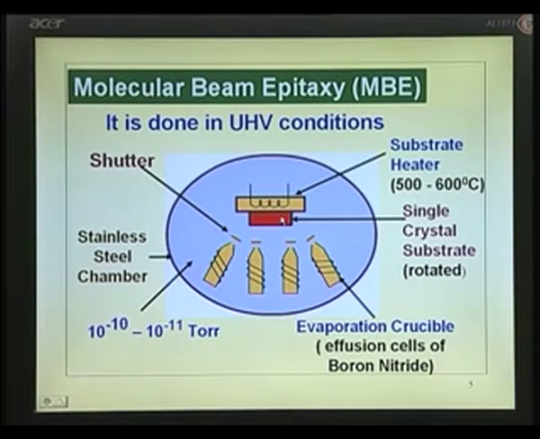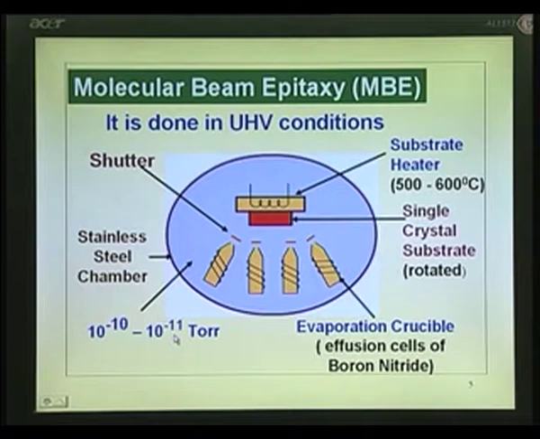The substrate is mounted on a molybdenum holder, chosen because of its high thermal conductivity, and the entire thing is enclosed in a stainless steel chamber so that you can get vacuum levels of the order of 10 to the power minus 10 to 10 to the power minus 11.